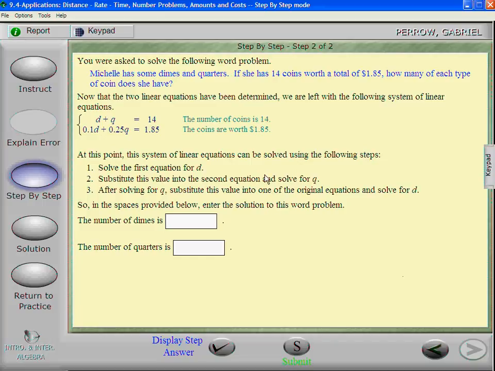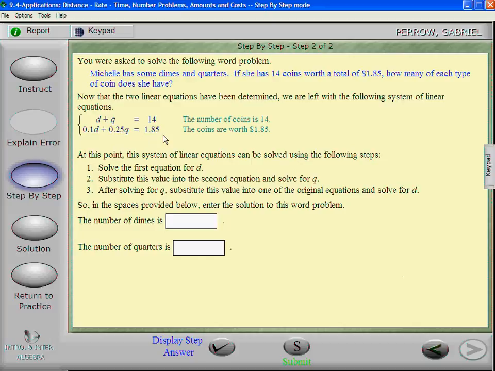Okay, so what I did is I looked at these values here on the bottom equation. I noticed the 0.25, and I thought about if I multiplied 0.25 by 4, I get 1. So to be the opposite of 1Q up here, I multiplied by -4, and as a result, I ended up with negative 0.4D take away 1Q equals negative 7.4.